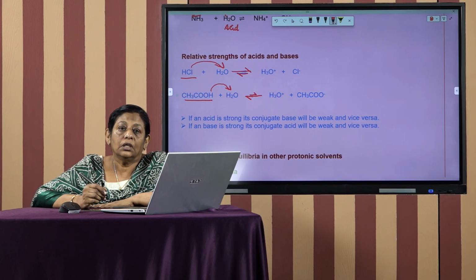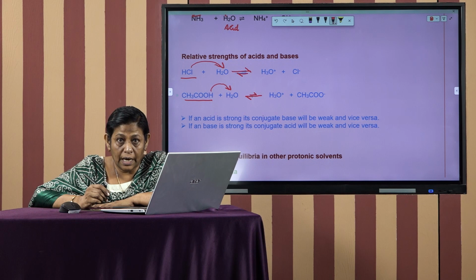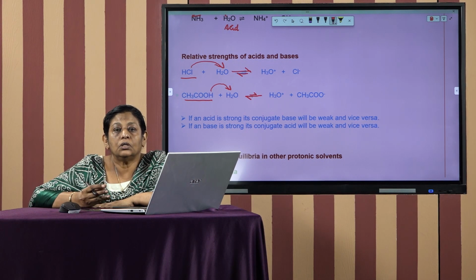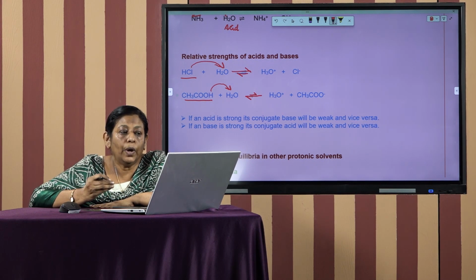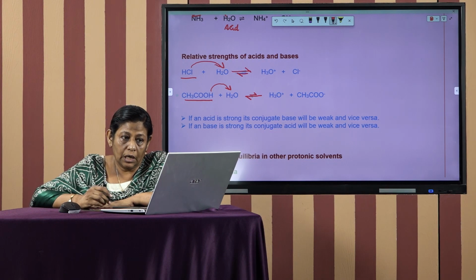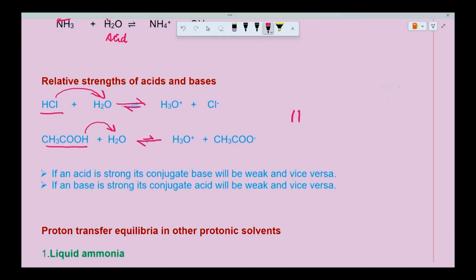What does it mean? The tendency of acetic acid to donate a proton is smaller when compared to that of HCl, and therefore we consider HCl to be a stronger acid than acetic acid. That is what we mean by relative strength of an acid.